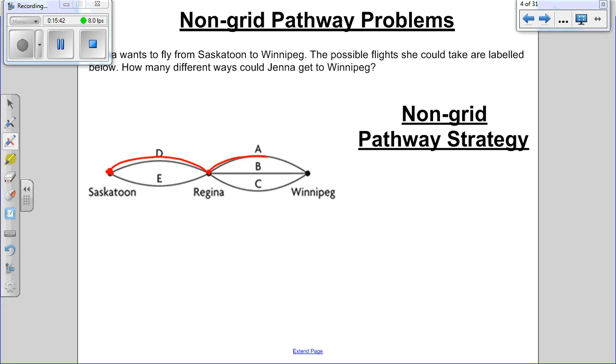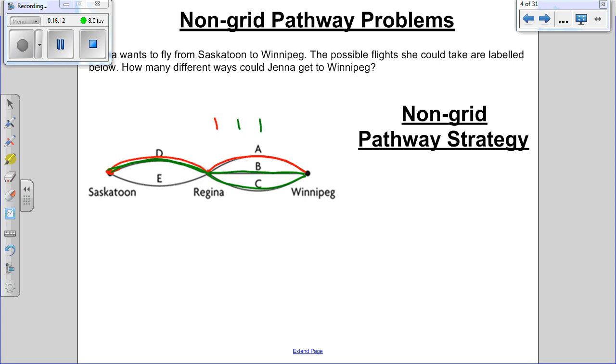You could also say she flies route, maybe a different color, D, and then route B. That's another possibility. Or she flies route D, and then C. That's another possibility. And you could try to count out all the combinations. In this one, not that challenging. That's because the numbers are small. Some of the other questions you're going to get, there's going to be more things and more pathways to figure it out.